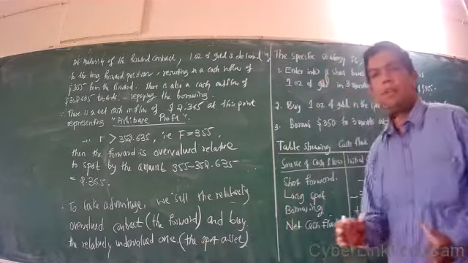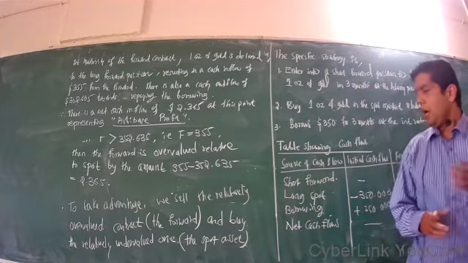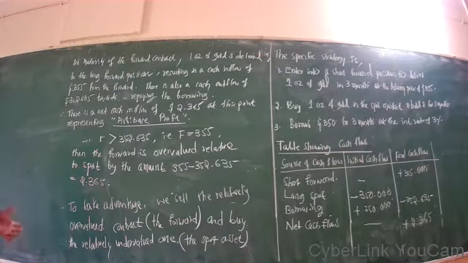selling the relatively overvalued contract and buying the relatively undervalued one at the spot. So this is about arbitrage of overvalued. Now let us consider the undervalued.